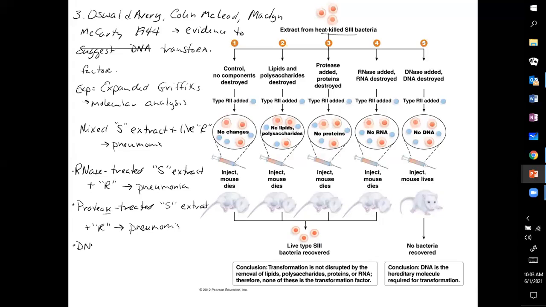But when they treated the extract with DNase, this is an enzyme that chops up DNA. When they chopped up the DNA and essentially got rid of the DNA from the S strain, the mice lived.